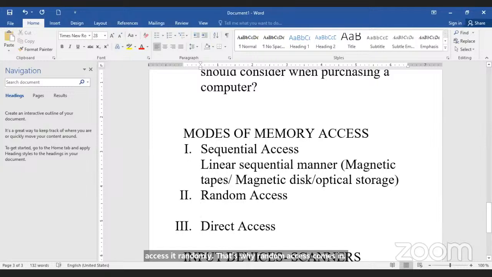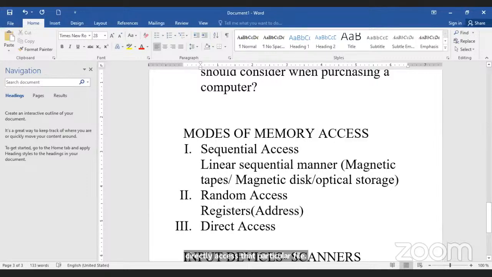So it means that computers have registers, and these registers store the addresses of the files, so that you can directly access that particular file randomly.